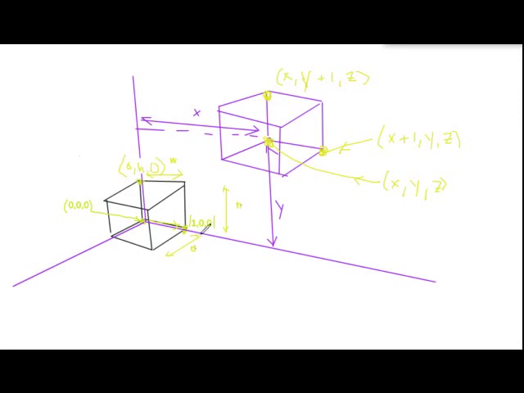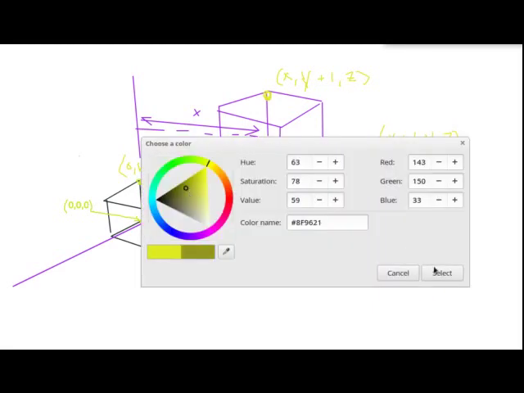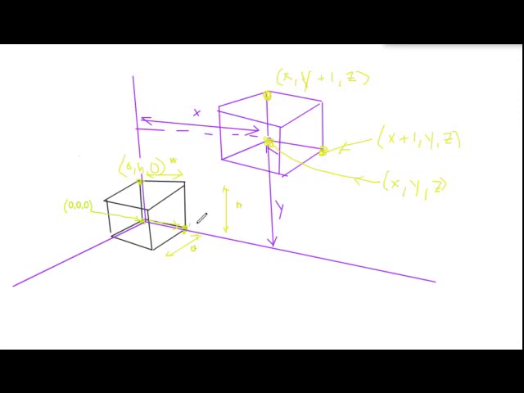And how about this coordinate over here? Instead of being 1, 0, 0, the x coordinate would now be W, 0, 0.